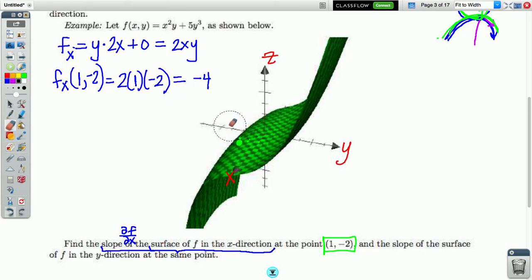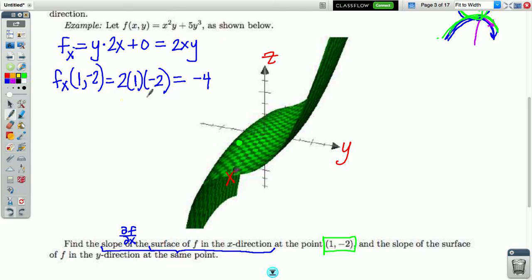Let's clean the rest of that up a little bit if we can. So it's kind of down there on this sloping surface. We can see there's definite curvature in both directions. I can tell that there's curvature in the x direction because I can see this curve on the function. I can definitely see that in the y direction, so traveling this way on the y-axis, there's this pretty extreme slope.